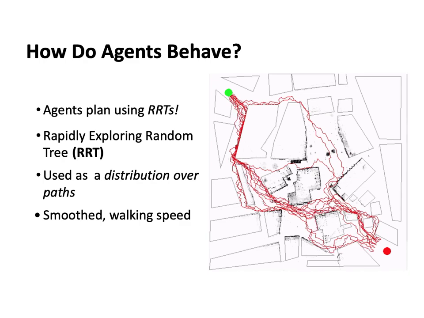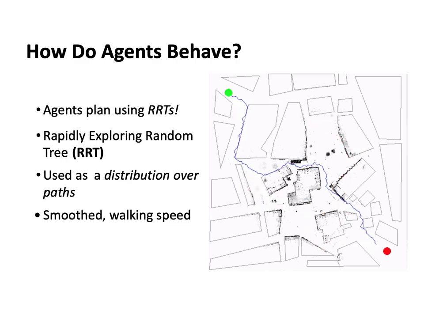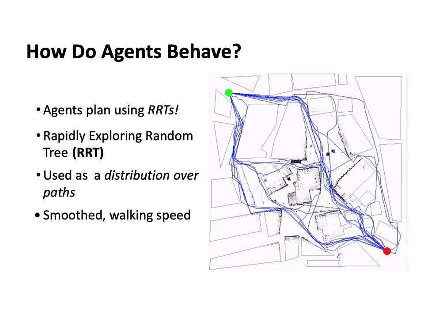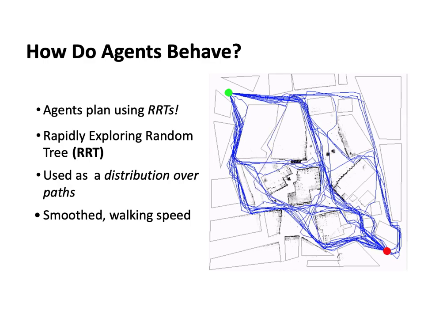And we asked ourselves, how are we going to get agents to behave? We decided to have agents plan using an RRT, which stands for Rapidly Exploring Random Trees. What RRTs do for us, given 2 points, is give us a random path between those 2 points. What can be produced is a path that travels down the center of the city.